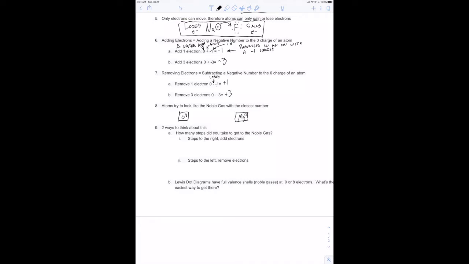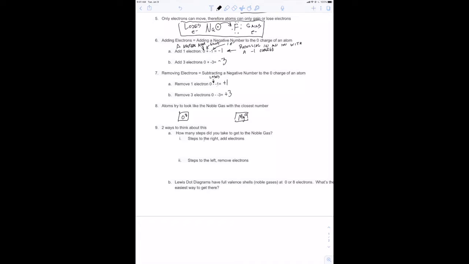Okay? So all I'm doing here is just listing their atomic numbers. And instead of thinking about the periodic table as a big thing, or the way it's organized, we're just going to think about it in a linear fashion, from one to whatever number we're going to go up to. So we are dealing with magnesium and oxygen.